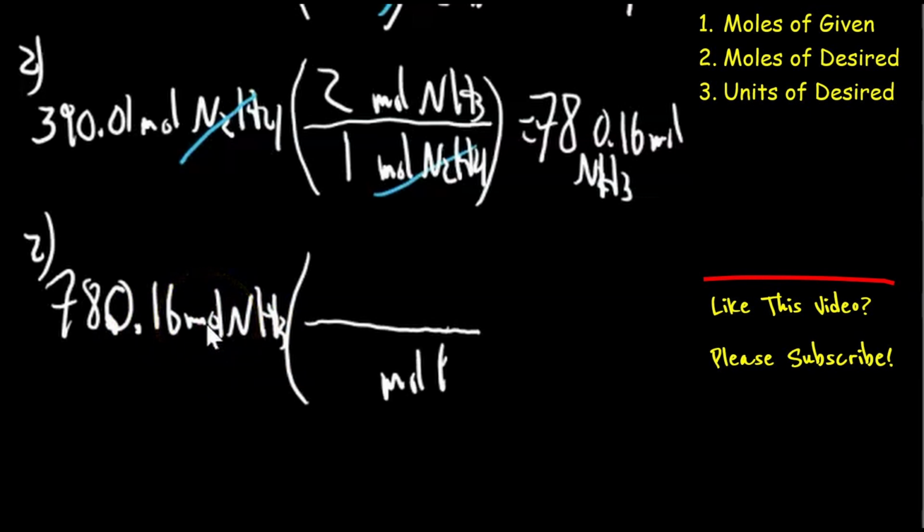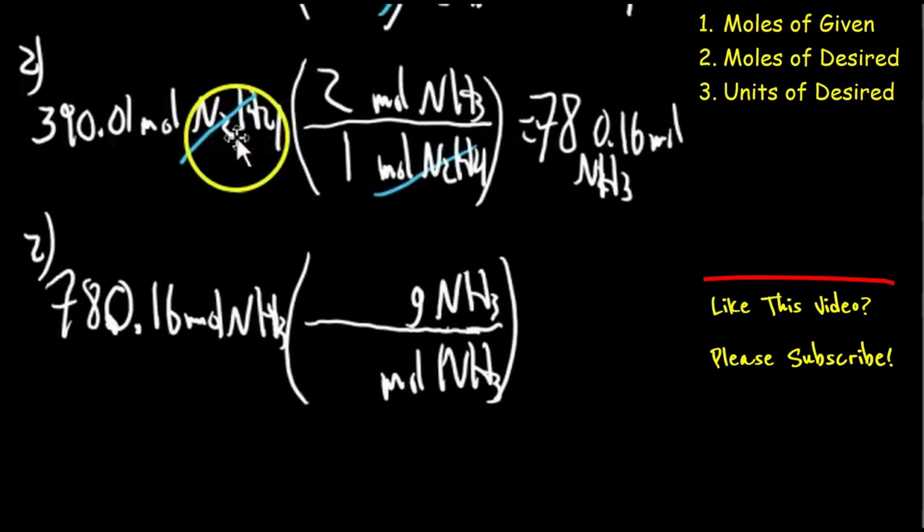So we'll put moles of NH3 here. And we want grams of NH3. Now that we know that our units match, we safely know that we're going to put the grams up here. And based on the periodic table, the molar mass of NH3 is 17.031 grams for every 1 mole.